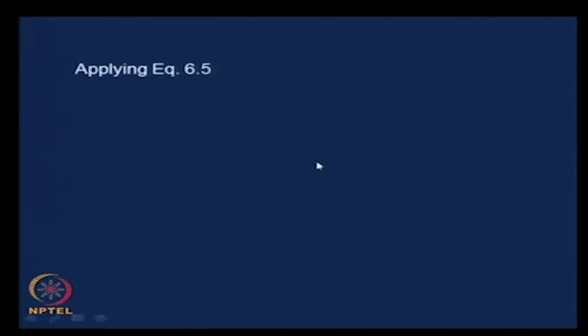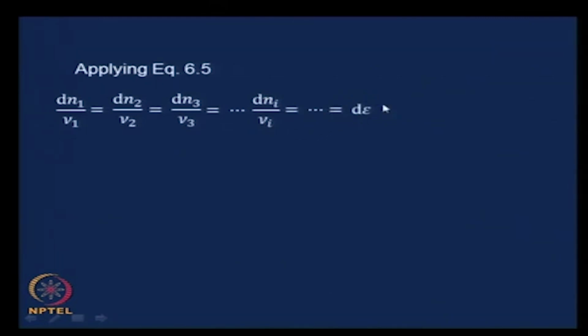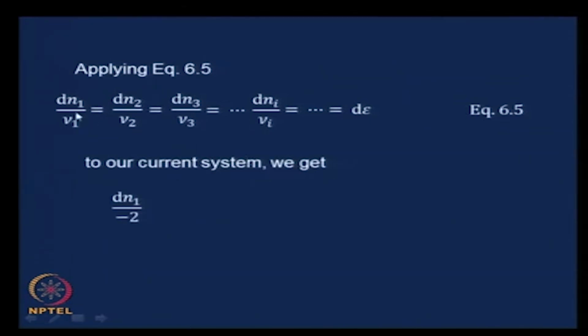Now, if we apply equation 6.5, which is dn_1 by nu_1 equals dn_2 by nu_2 equals dn_3 by nu_3, and so on till dn_i by nu_i, and we said we could equate it to d of a reaction coordinate, d epsilon, to the current system, we get dn_1 by minus 2, since 2 was the stoichiometric coefficient of A. dn_2 by minus 1 was the stoichiometric coefficient of B, and since it is a reactant, this becomes minus 1.